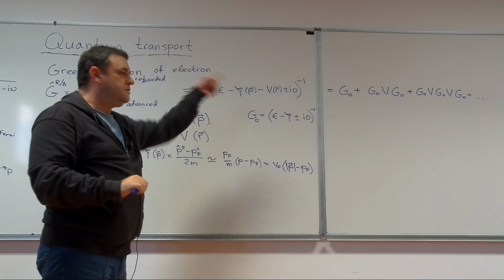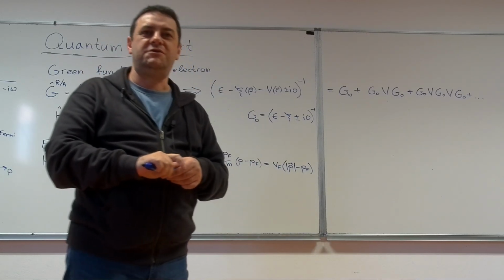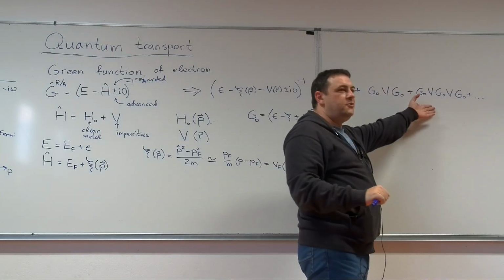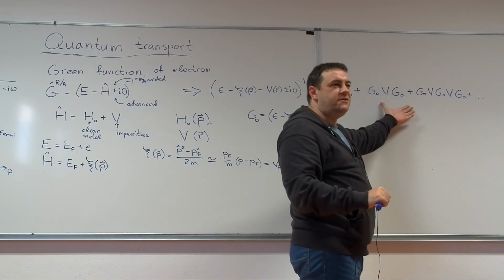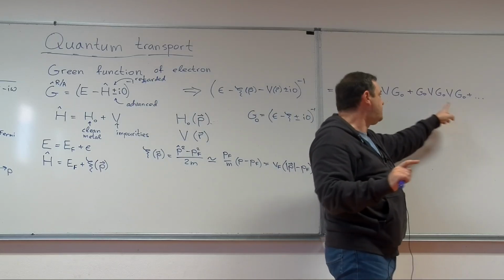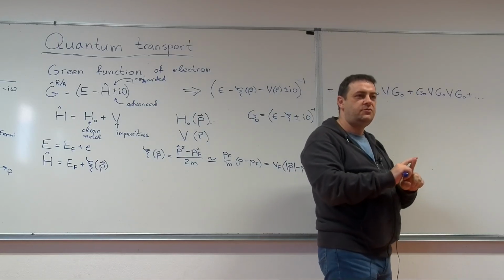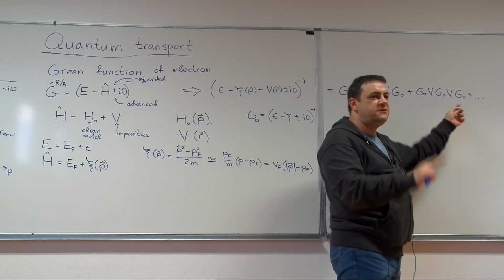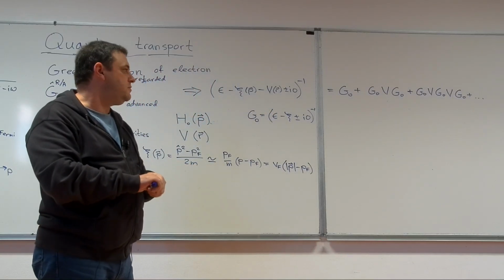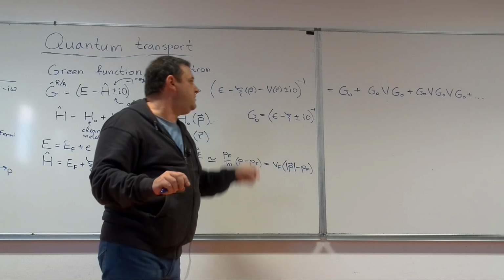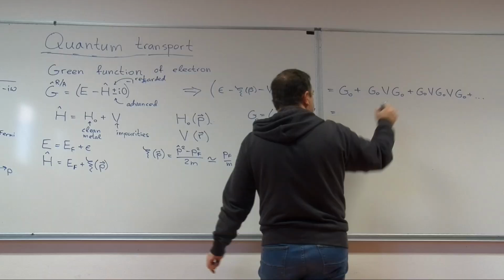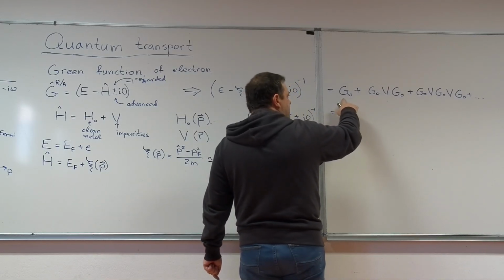Believe it or not, this is how the inverse function is expanded in a series. It's almost a standard geometric series. The only thing you should care about is the order, because they are operators and do not commute. But if you put them in this alternating order, this is the correct way to expand this thing. And actually, it's very easy to prove.